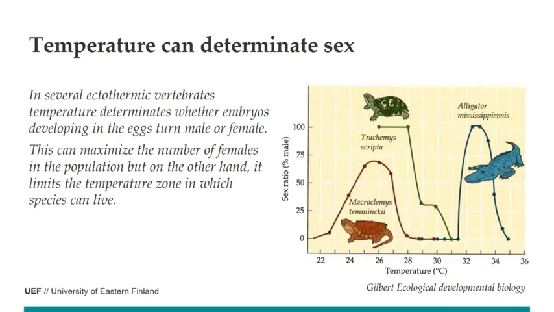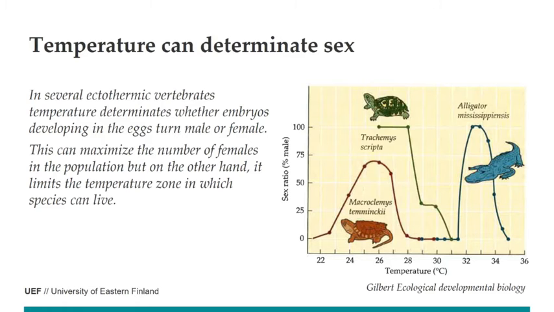This can maximize the number of females in the population, and maximizing the number of females maximizes the offspring. But on the other hand, it also limits the temperature zone in which these species can live. If it's too cold or too hot, you will lose one sex, and then you lose the whole population.